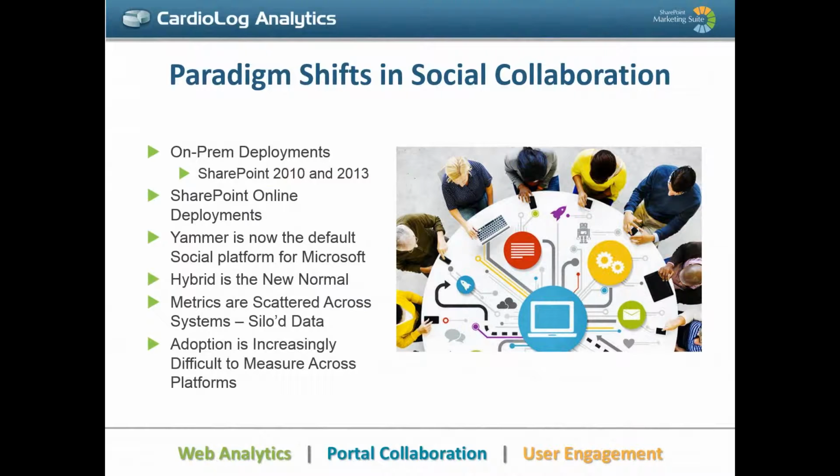As an implementation professional, I see a lot of companies that are running multiple versions of SharePoint. Many large organizations are still running SharePoint 2010 at the same time that they have 2013 deployments. And now with Office 365 coming along, we have a new shift in direction.